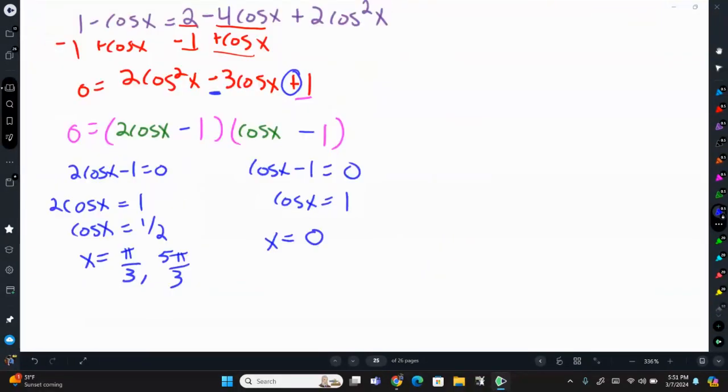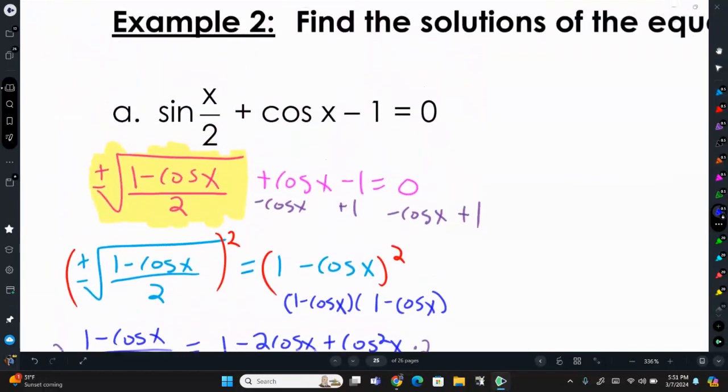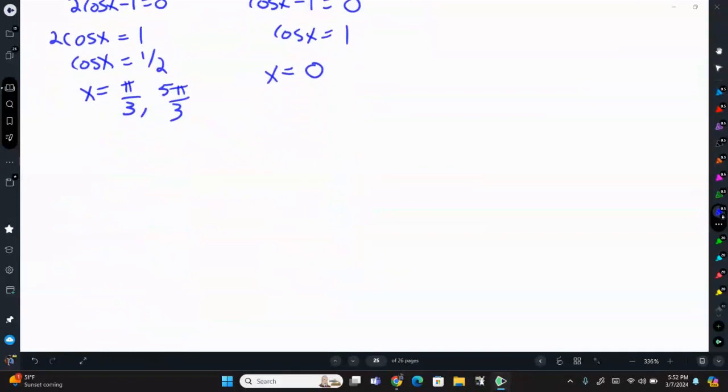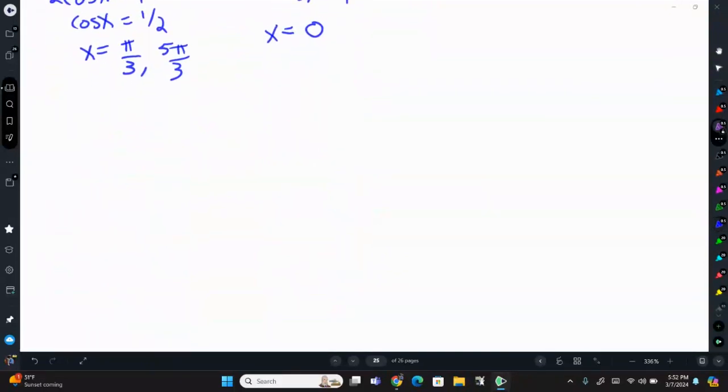So we're going to take those 3 angles and substitute them into the original function, not the one we got once we used the half angle formula, the original. So that gives us the sine of pi over 3 divided by 2, or times 1/2, plus the cosine of pi over 3 minus 1 equals 0.